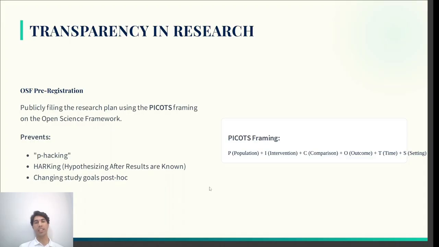It is critical in research so that the people doing the research cannot change their hypothesis or change their study goals after the research is done or after the data is collected. So there should be clear transparency in our research.